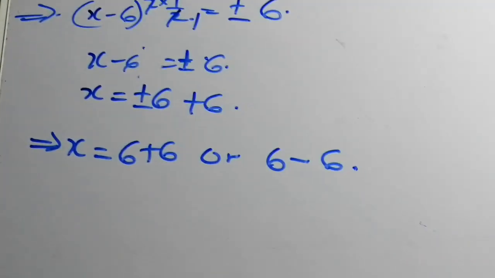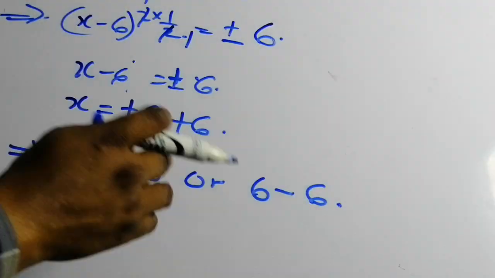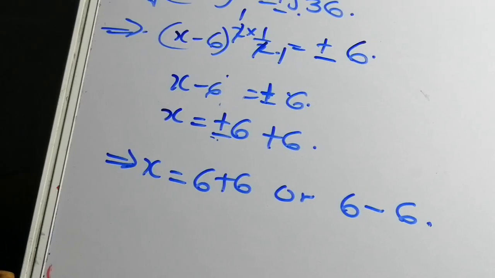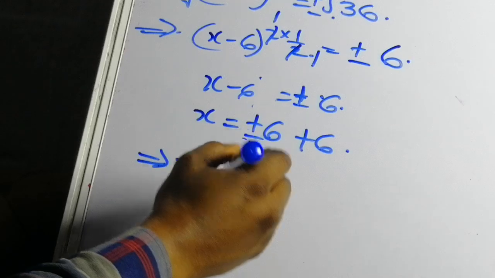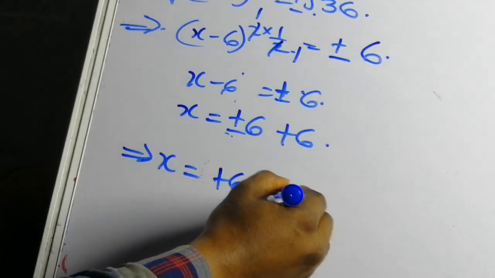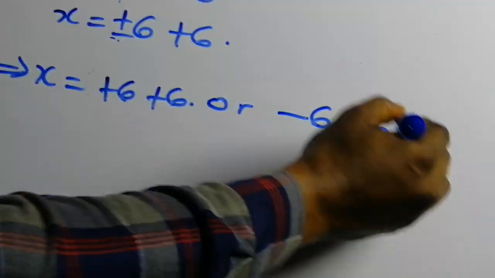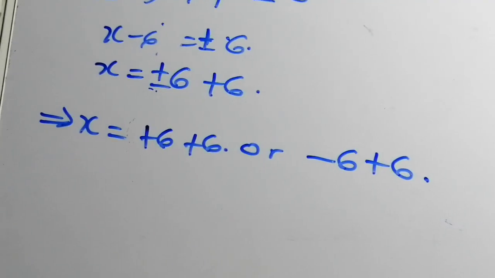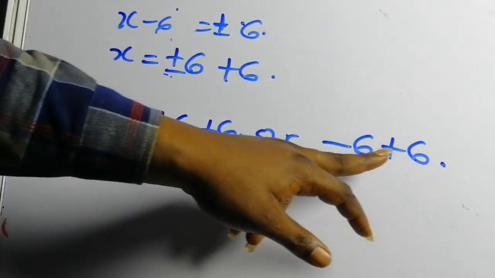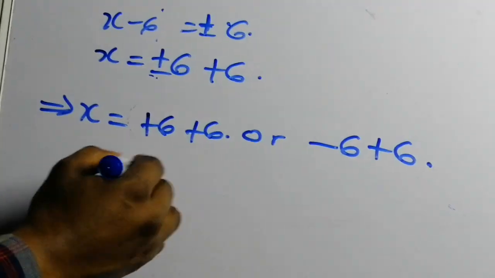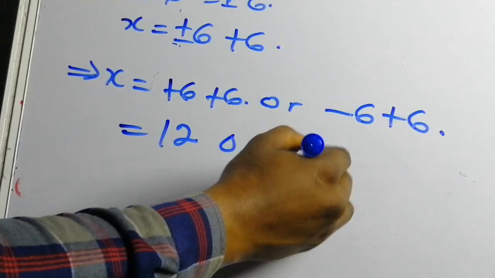Okay, I'm splitting this. If it's not clear like that, let me do it this way so that you won't get confused. I'm picking plus first: plus 6 plus 6, or minus 6 plus 6. So 6 plus 6 is 12, or 0.